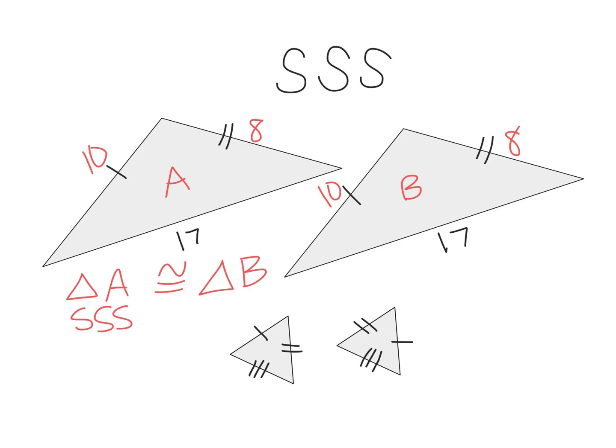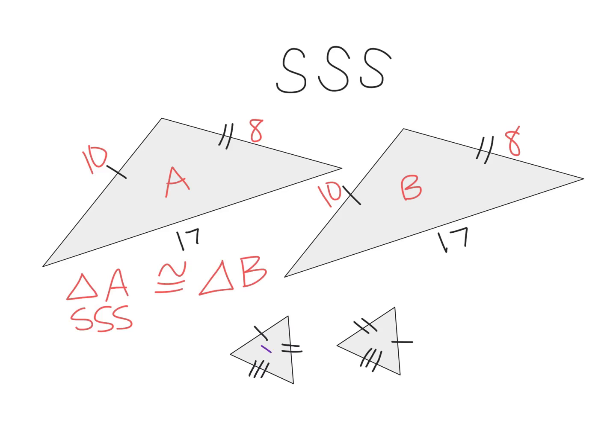So all I'm telling you is that the tick marks show that the sides are the same, and that's how we can match up and see which ones work. So you could see numerical values. For example, I just wrote 8, 10, and 17 on those two top triangles. For the bottom triangles, let's do that in purple.